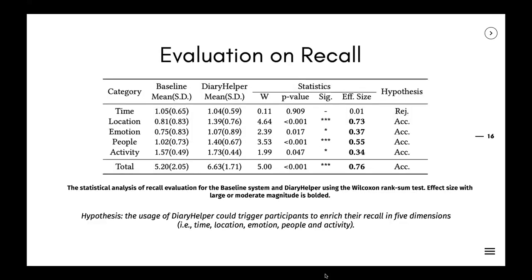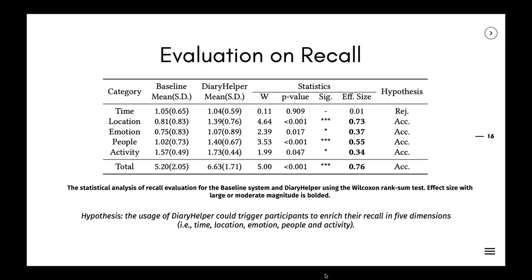We conducted a hypothesis test to evaluate the difference in participants' quality of recall. Our hypothesis is that the usage of DiaryHelper could trigger participants to enrich their recall of 5 dimensions of contextual information, based on the results shown in the table.